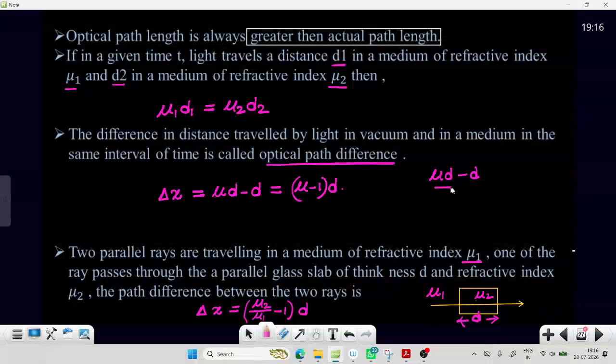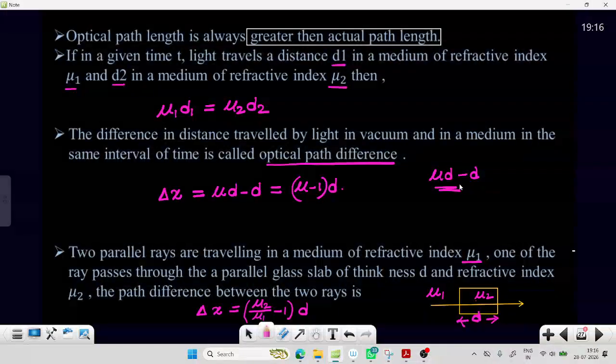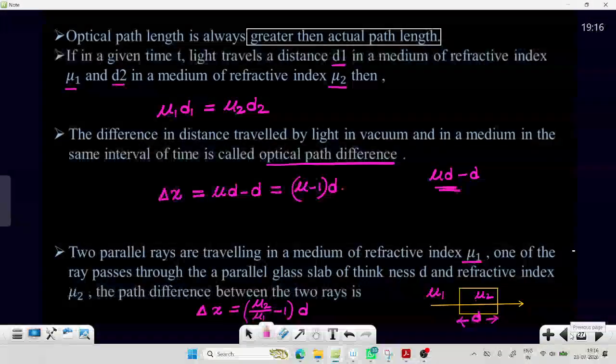The difference between these two is called the path difference. Path difference means a difference between two distances: one is the optical distance, the other is the actual distance.